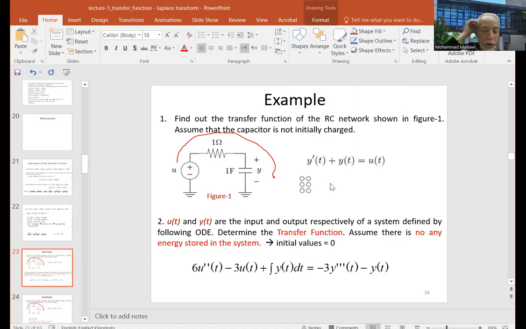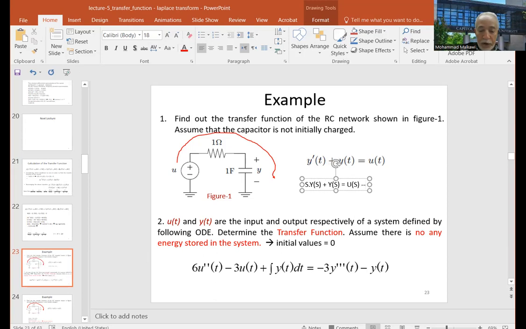So this becomes s y of s, plus y of s, equals u of s.